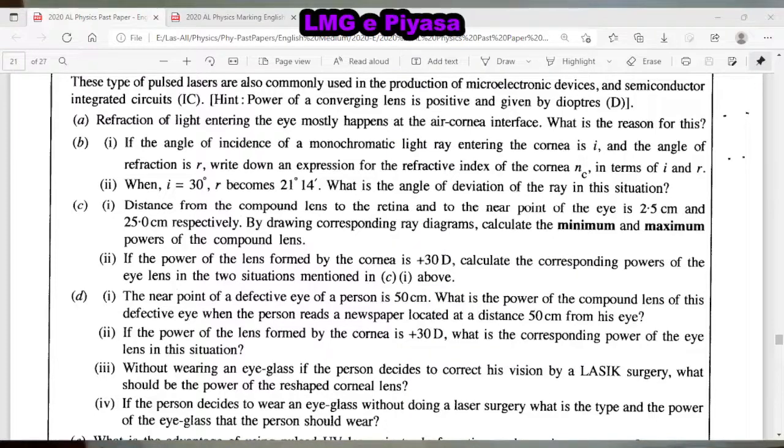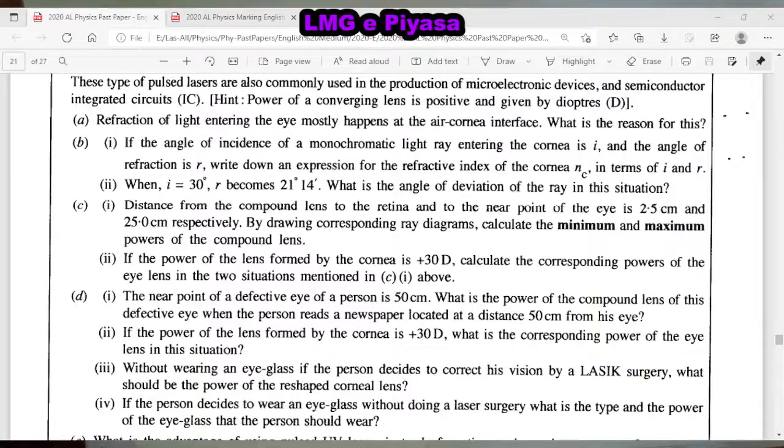Anyway, what is the defect in this case? Under part D, they are asking if he can look at objects at 50 centimeters, what defect is he having? Long-sightedness. Yes, correct, because he cannot see near distances, right?